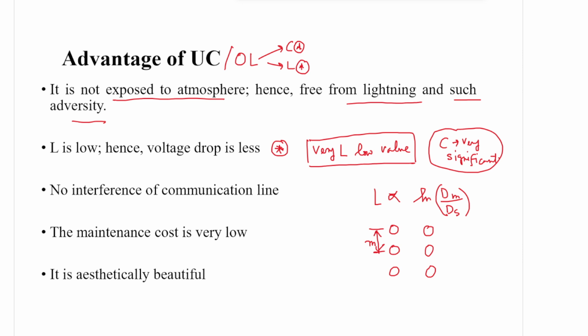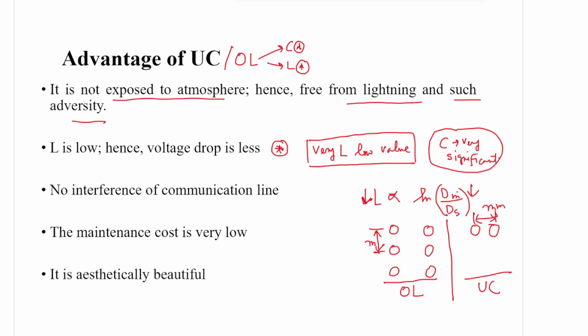However, in an underground cable, the distance between two conductors is probably in the range of millimeters. So you see, dm will be extremely small, in all probability 1000 times less. So the inductance value will also be very small.